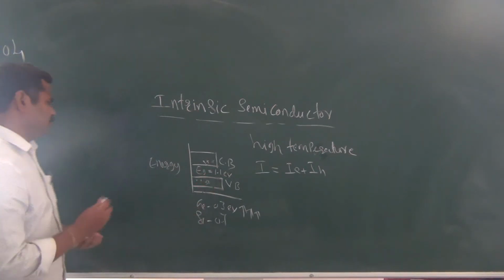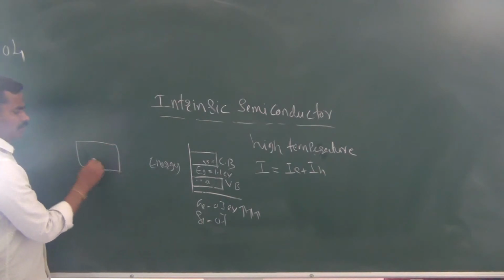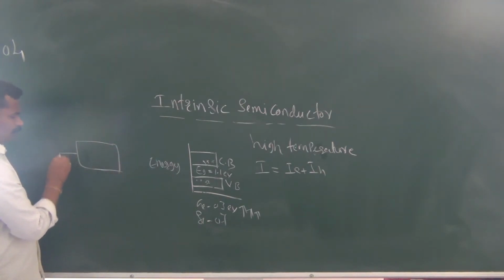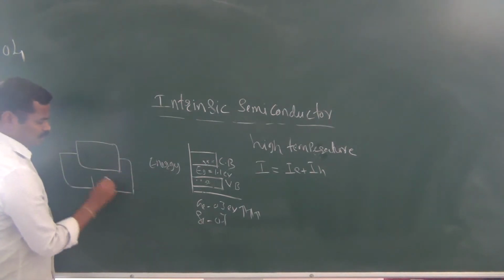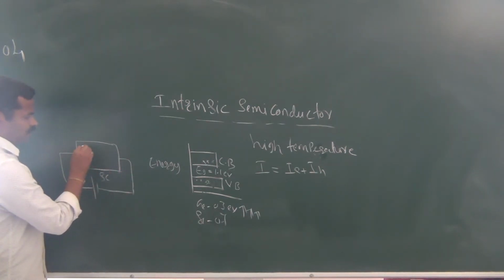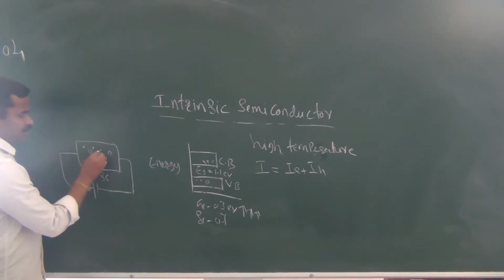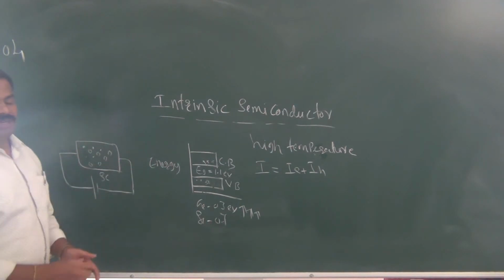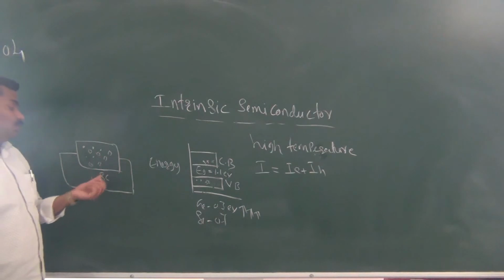For example, as I said in the last class, this is your semiconductor, and you are applying a voltage to the semiconductor. No doubt you have electrons there, and also holes. No doubt they are in the same numbers, because breaking the covalent bonds gives electron-hole pairs.